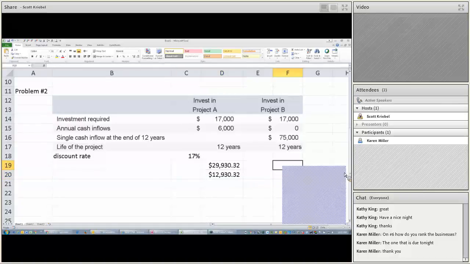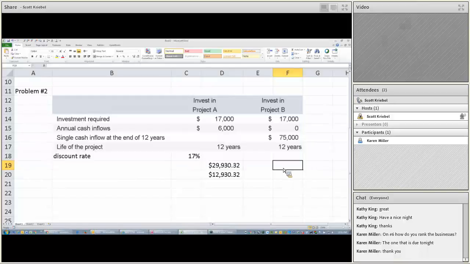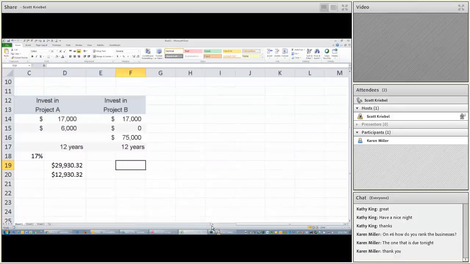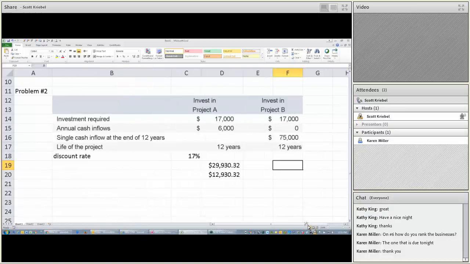Then we've got project B. Okay, we're going to do a present value calculation again, same rate, same 12 years. In this case, no payment. We've got a future value of $75,000.